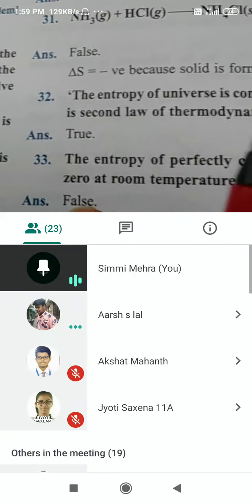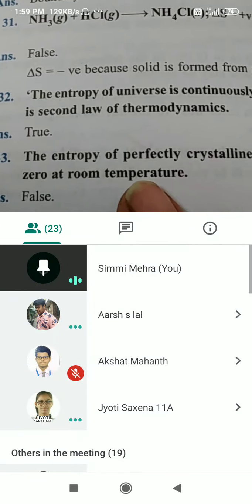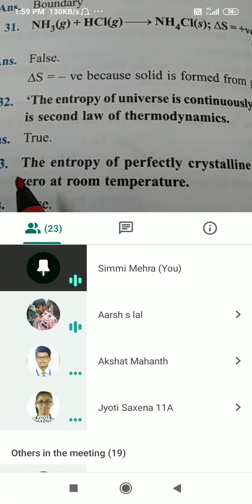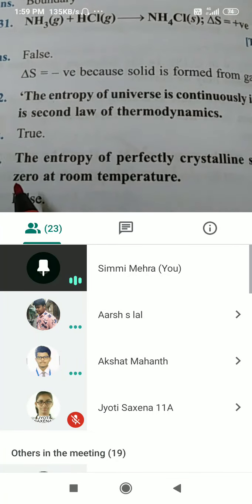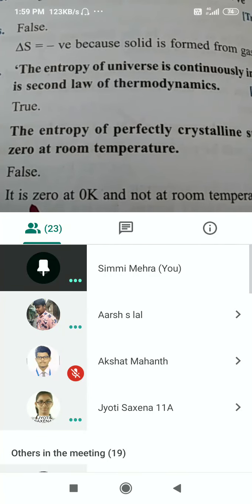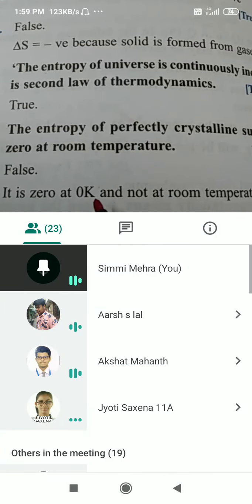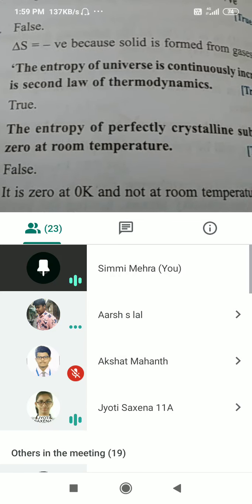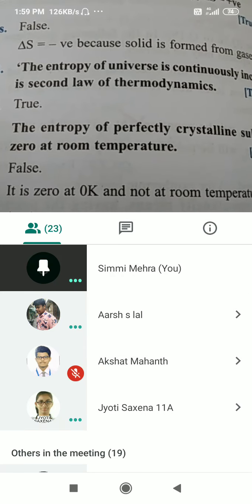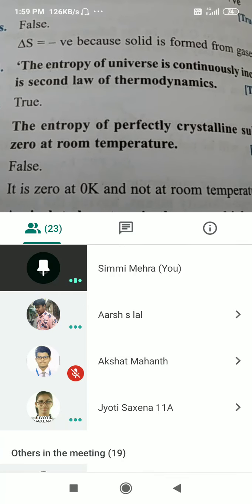It is false. It is not at 298 Kelvin. It is zero at 0 Kelvin, not at room temperature. 0 Kelvin कितना होता है? 273 degree centigrade.